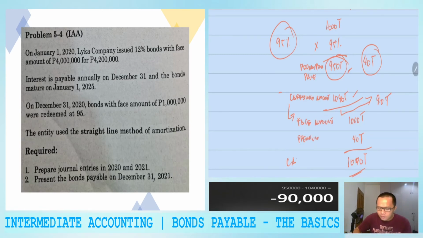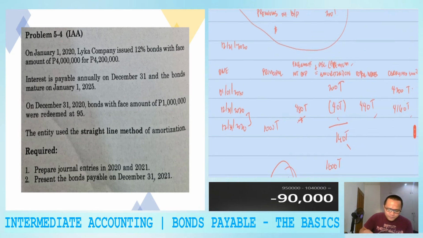So anong tawag dito sa 90,000? This is your gain on redemption. Diba? Nagbayad tayo ng 950 where in fact yung utang natin is 1,040,000. So gain on redemption.